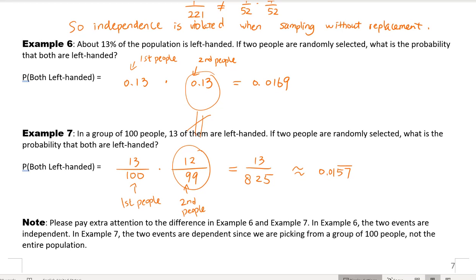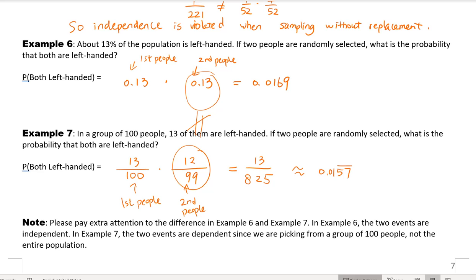Note, please pay extra attention to the differences between example 6 and example 7. In example 6, the 2 events are independent because we just know 13% of the population is left-handed, so the 2 people you select are independent. But in example 7, the 2 people you select are dependent because we're picking from a group of 100 people, not the entire population.